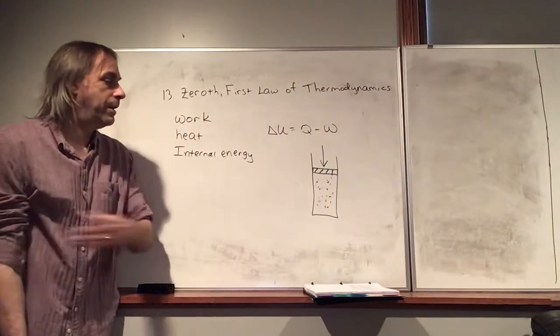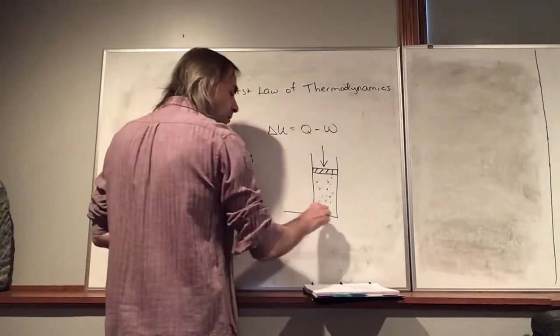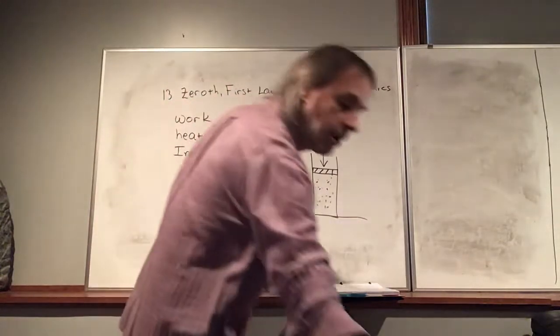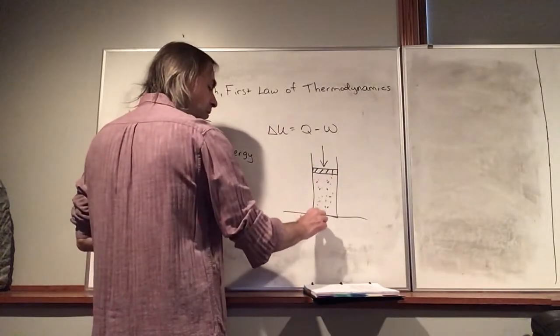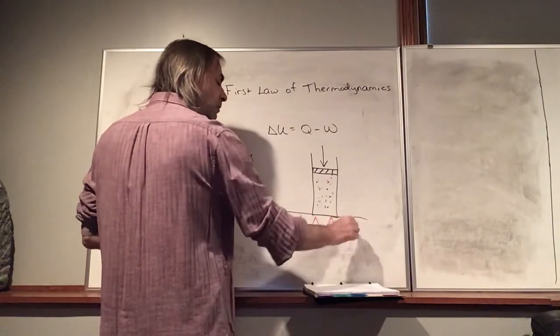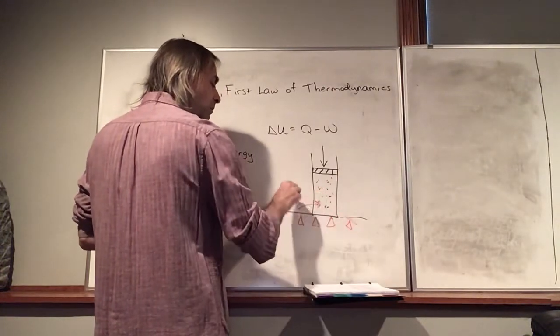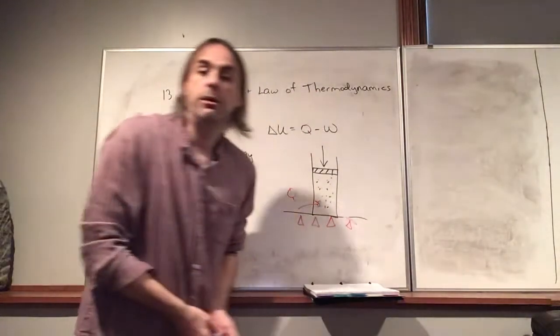Another way you could change the internal energy of a gas, say we just put this under a fire. So we've got a flame here heating up this plate. And so there would be heat flowing into the gas. So what's that doing?